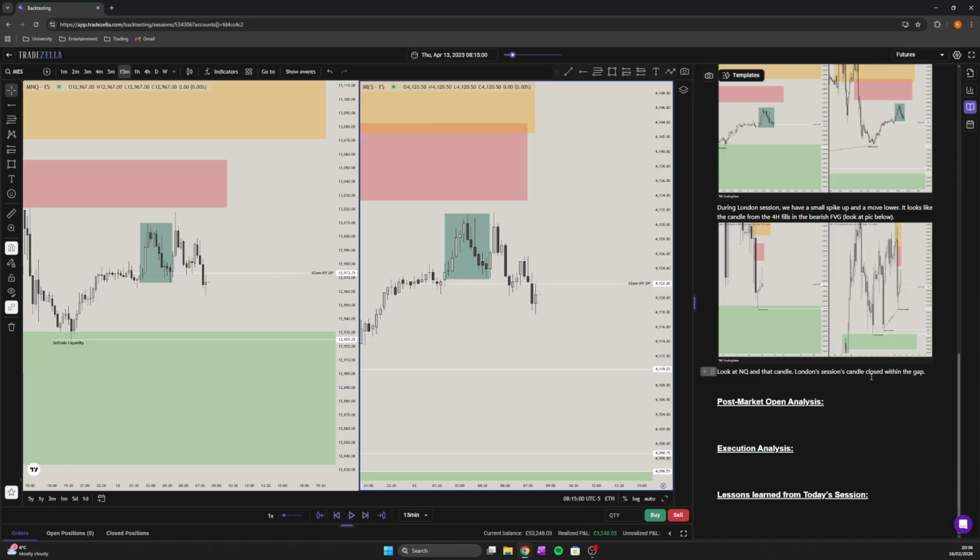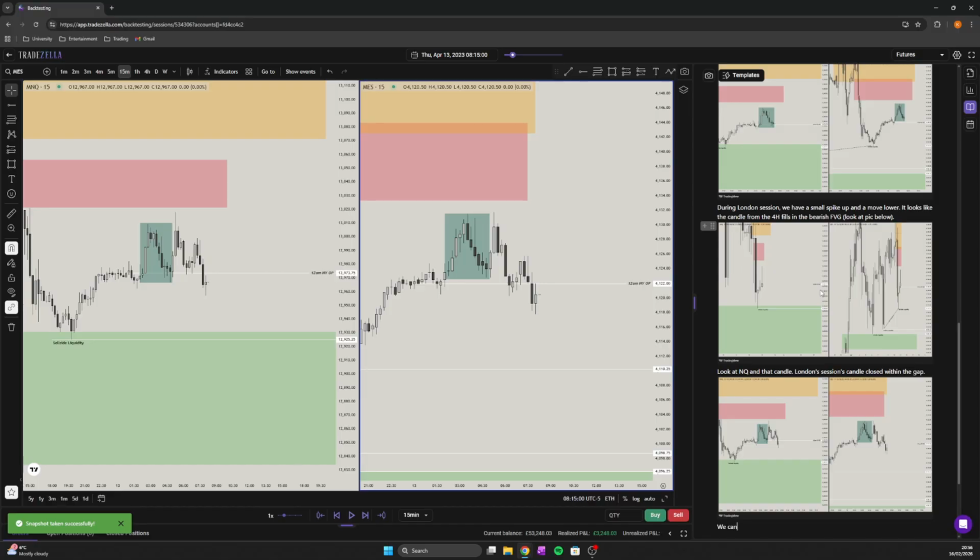So just before the news comes out, I want to actually comment on that. We can see that after London, we enter a small consolidation phase. News comes out in the next 15-minute candle.